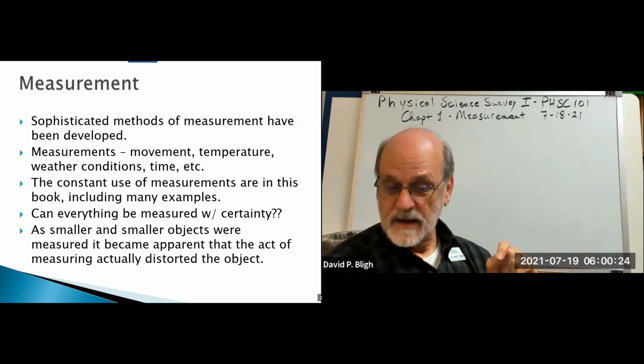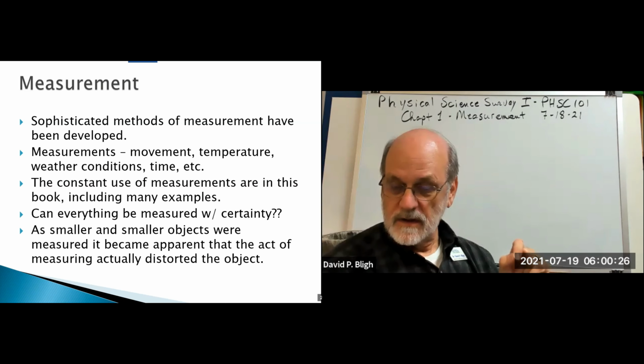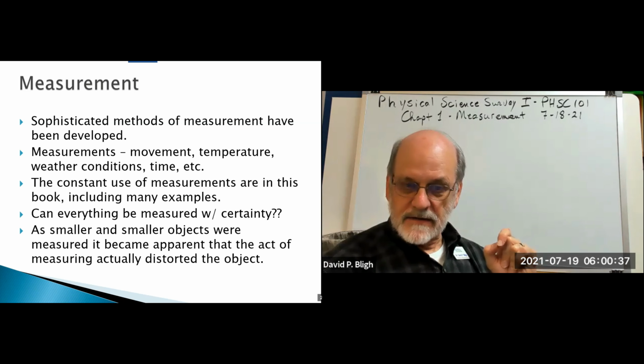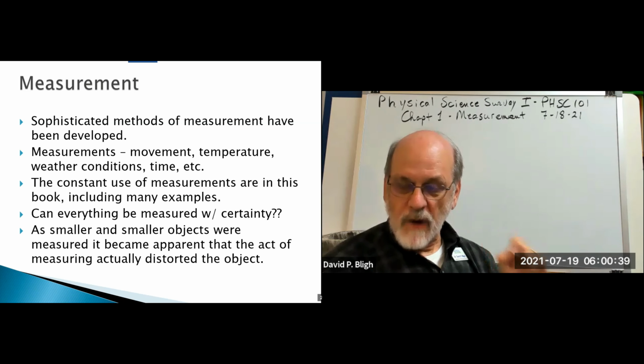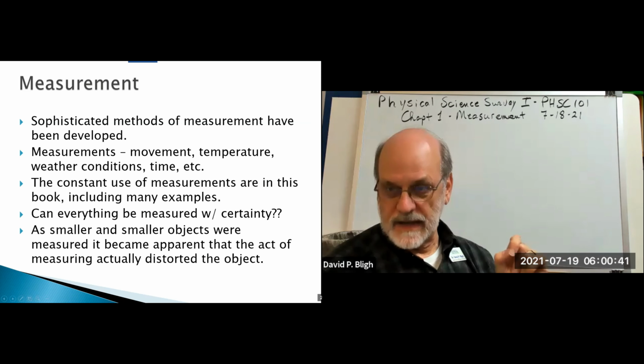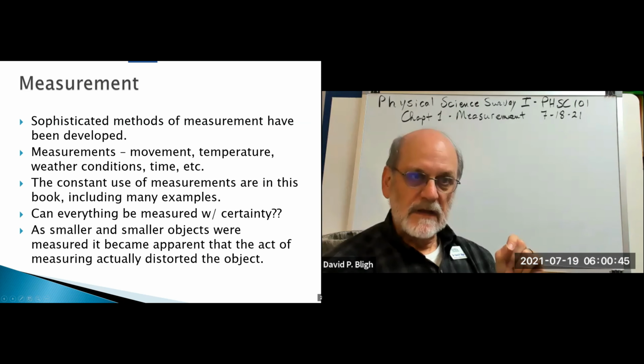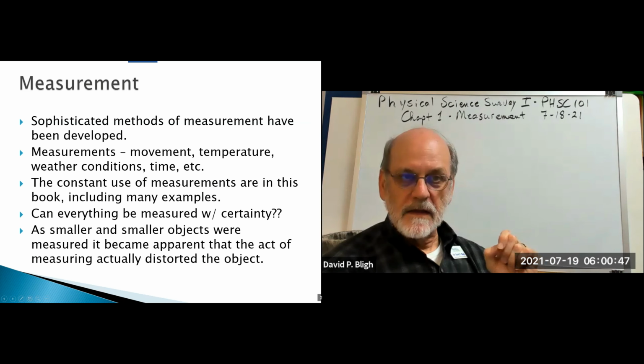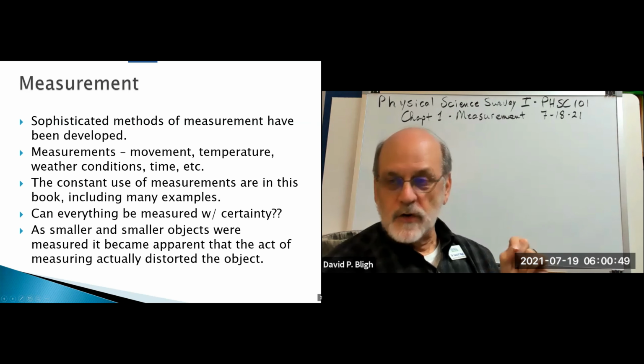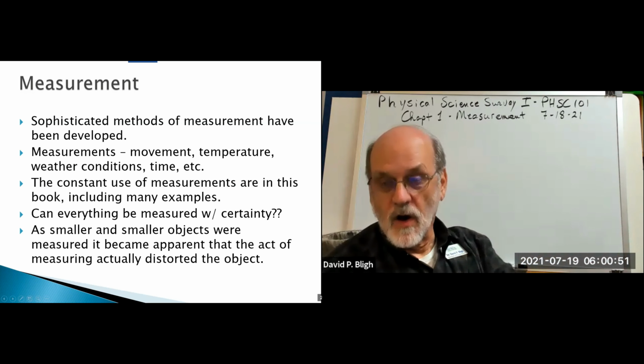And in fact, the smaller the measurement gets, the more difficult it is to get an accurate measurement. Because what we've discovered over the decades is that the smaller the physical phenomenon or object being measured, the more influence the observer has on that measurement.